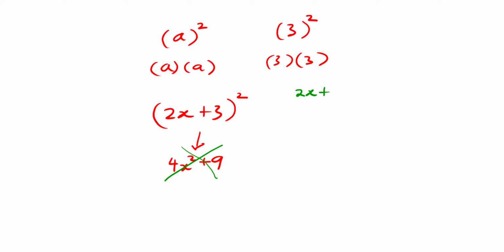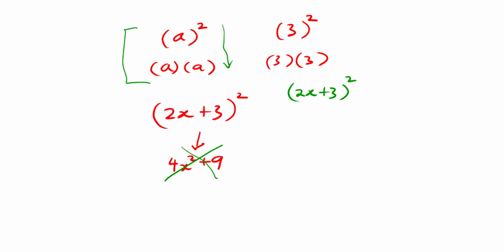2s plus 3 squared. This one, I have to follow the same pattern. When it's a squared, it is a in bracket and another a in bracket. When it's 3 squared, it's 3 in bracket, another 3. So multiplying 3 by 3. When it's 2s plus 3 squared, it should be the same thing that I did for this.